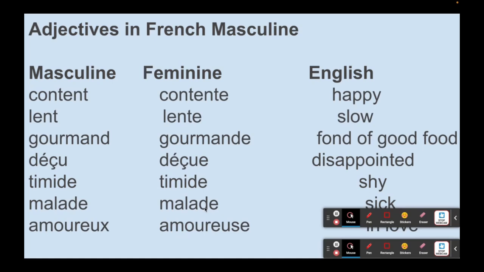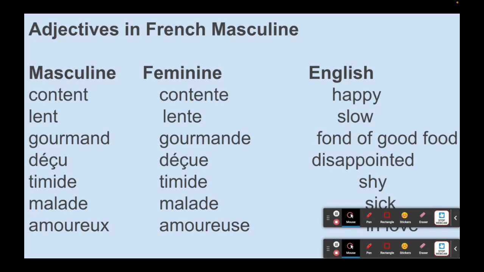And here are some examples of adjectives. So content, contente, lent, lente, gourmand, gourmande, déçu, déçue, timide, timide. You see, it has an E, we didn't change it. Malade, which is sick, has an E. Malade, feminine, we didn't change it.